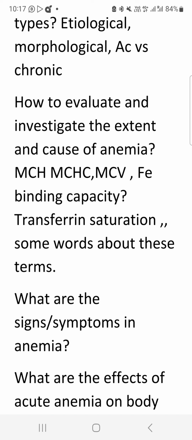These are the questions which can be asked with reference to anemia: types, how to identify, how to correct. If you know these answers, it will be easier for you to predict the questions, because whatever type of anemia it is, whether it is sickle cell or any nutritional deficiency anemia, the other side of the story is the same.